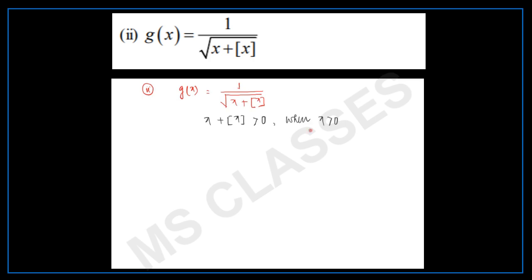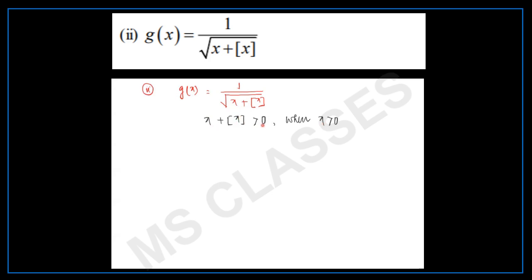Why? When x is greater than 0, box x can give the output 0 also. But when x is a positive number, if we add a non-negative number to it, it will always be greater than 0. This is positive when x is positive. This is non-negative when x is greater than 0. So their sum is positive.